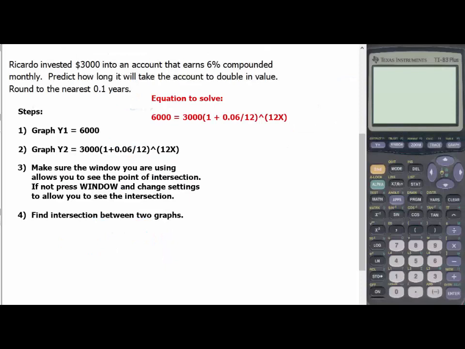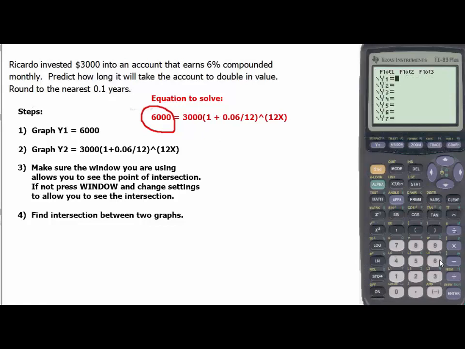So to recap, we need to solve the equation 6,000 equals 3,000 times 1 plus 0.06 divided by 12 to the 12x. Notice that I've changed the variable t to the variable x because I'm using the calculator, and in order to use the calculator's graphing screen, I need to have the variable x. So in order to do this, I'm going to graph my function. y1 is 6,000. So what I'm doing is I'm taking the left-hand side of this equation, and that's going to be my y1.